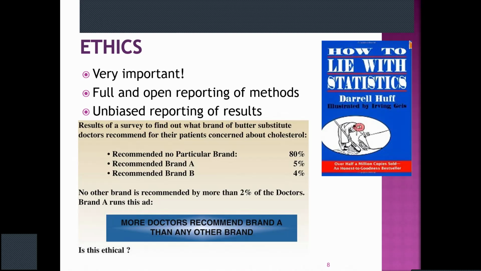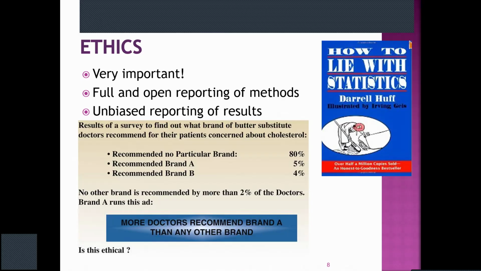And so what they find is that 80% of the doctors that they surveyed don't recommend anything. 5% recommend brand A, 4% recommend brand B, and all the other brands are not recommended by more than 2%.